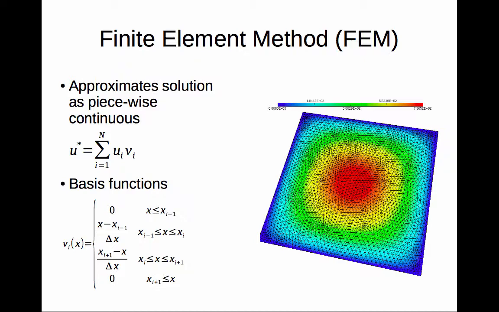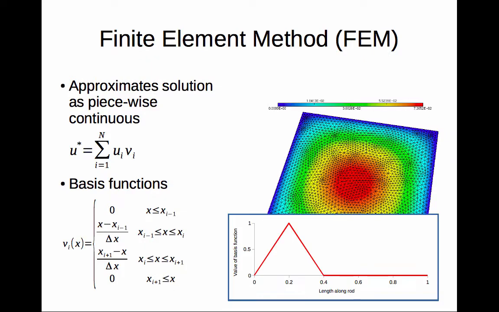Here's an example of a linear basis function in one dimension. If you look at this in an element here centered at node 0.2, the basis function will have a value of 1 at the node and 0 everywhere else. So in this graph, we might see two side-by-side elements, one between 0 and 0.2 and the other from 0.2 to 0.4.